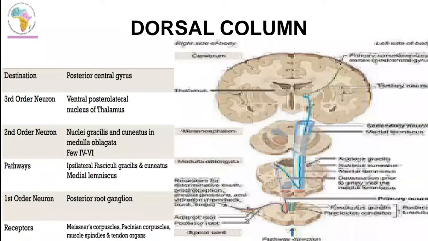For this, I wish to use the board so that people can appreciate what I'll be talking about, and I can point so that people are following. So the dorsal column, like I said, is an advanced system.